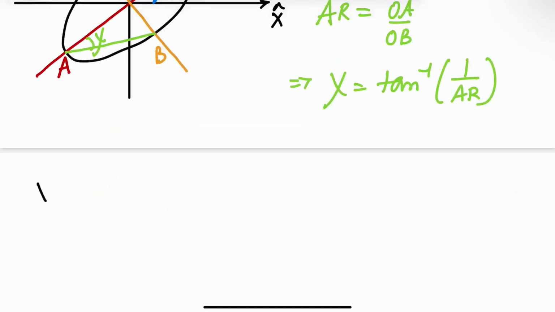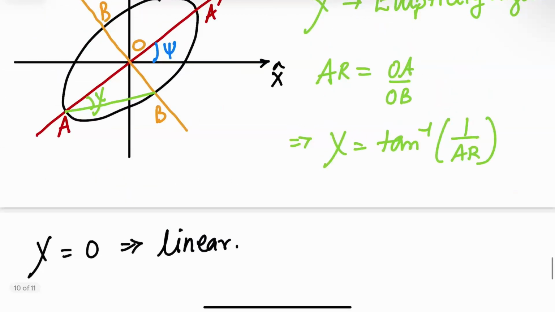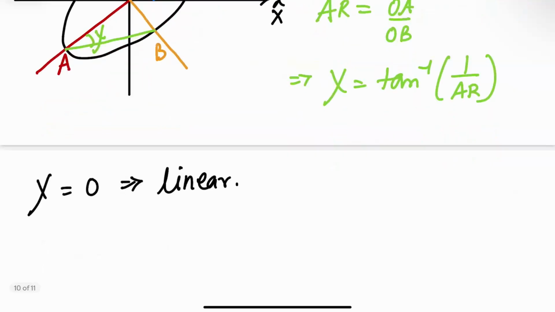Which means when chi is equal to 0, you get linear polarization. That makes sense because the ellipse collapses into just a line when chi is 0. And when chi is 45, the major and minor axes become equal, which means that you get circular polarization.